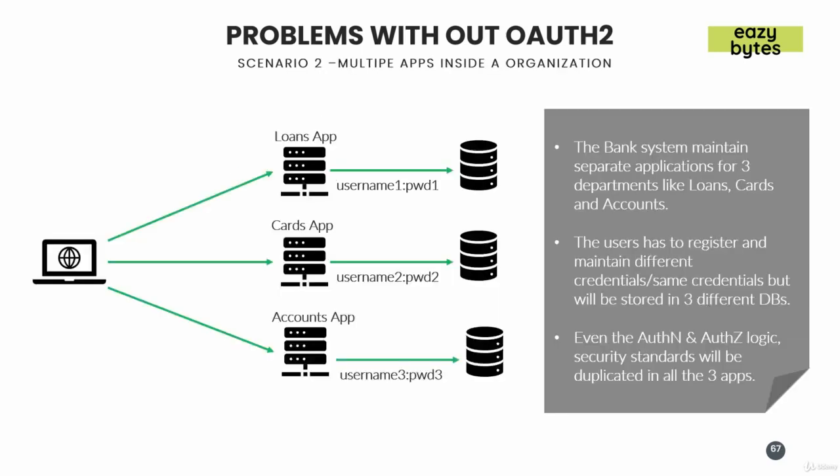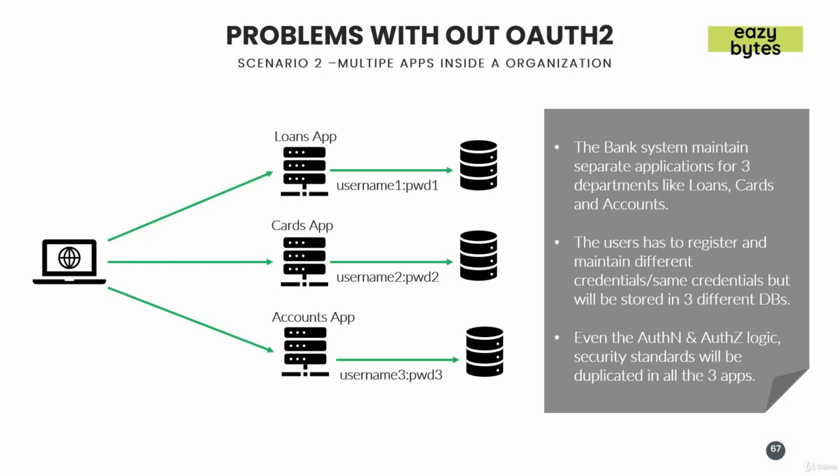Moving on to scenario 2 that the OAuth2 framework is trying to solve, think of a scenario where my EasyBank application is maintaining 3 different independent applications, for different departments like loans, cards and accounts. In this scenario, though your end customer is common for all these 3 applications, you end up following 2 approaches.